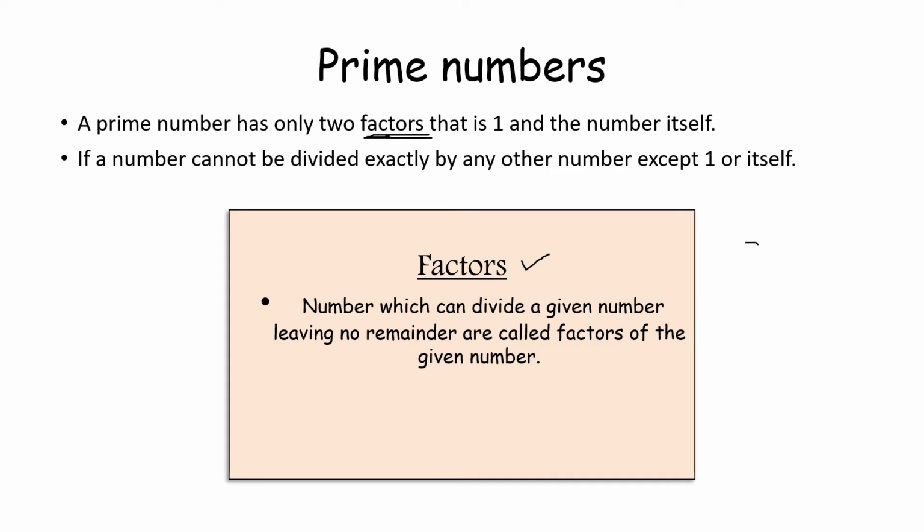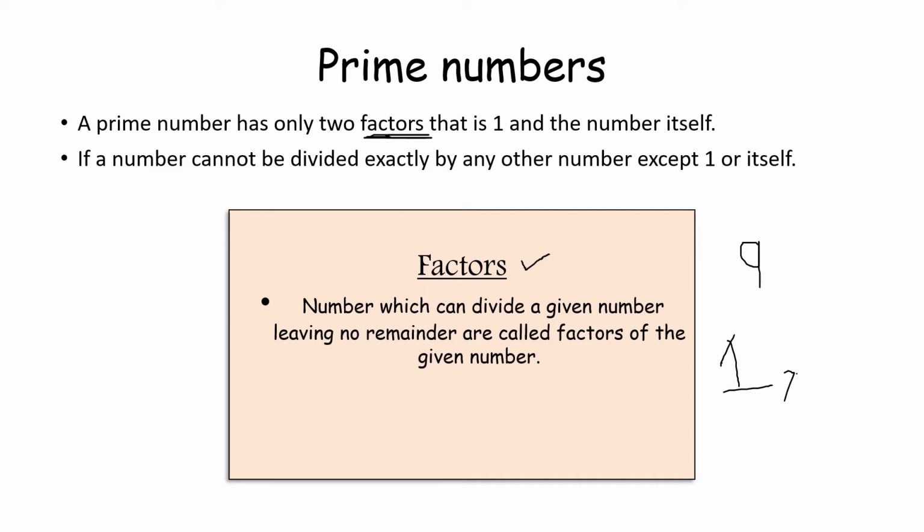For example, if I take the number 9, we will see which numbers can divide 9. We always start with 1 because 1 can divide every number. So 1 is a factor of each number. After 1, 2. Can 2 divide 9?